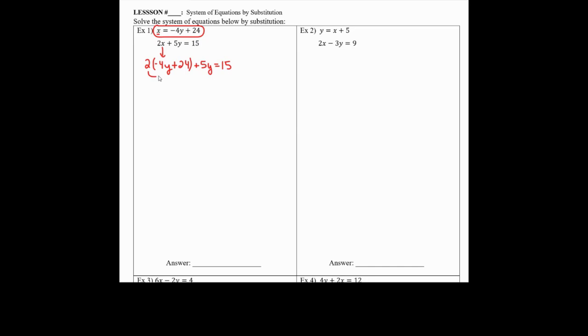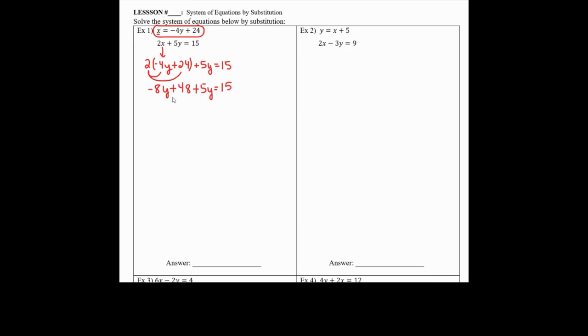I'm going to distribute, or I'm going to eliminate parentheses, and I'm going to multiply. 2 times negative 4 is negative 8y. 2 times 24 is 48. We bring down the 5y. Equals, we bring down the 15.